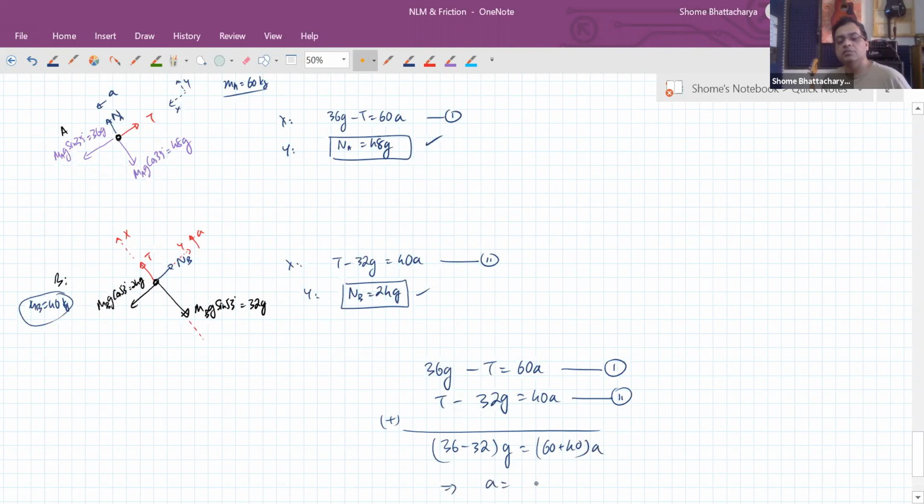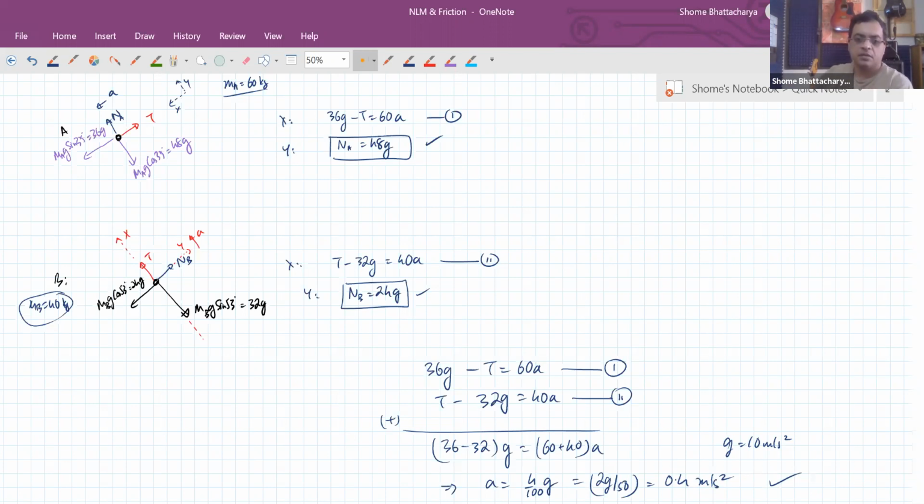So our acceleration becomes 4 by 100 g, or 2g by 50. If we take g as 10 meters per second square, it becomes 2 by 5, or 0.4 meters per second square. So this becomes the complete working of this.